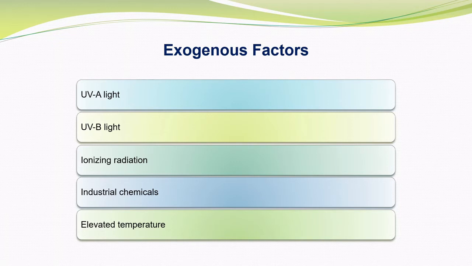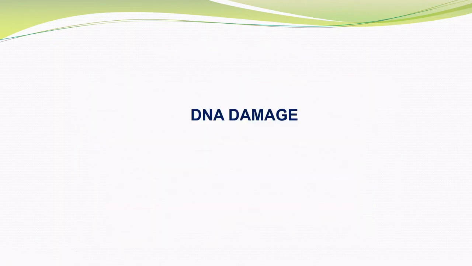So, all these factors in one way or the other modify the DNA and disturb the replication process. Let's see what kind of DNA damage or modification is caused by these internal or external factors.